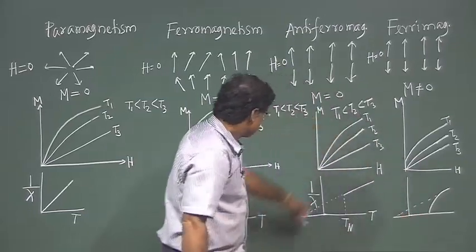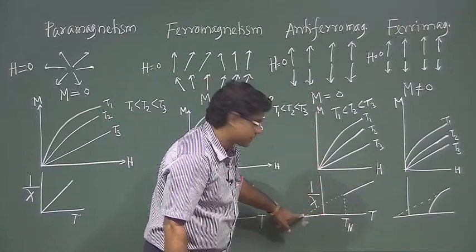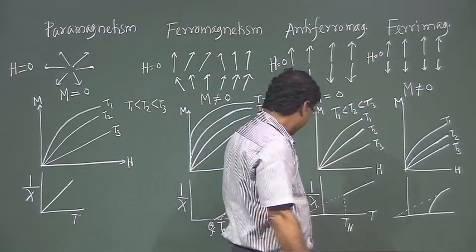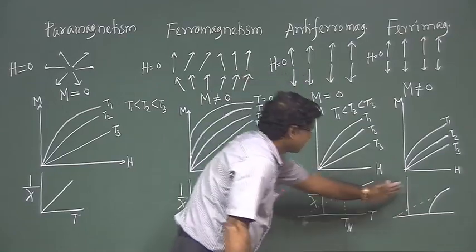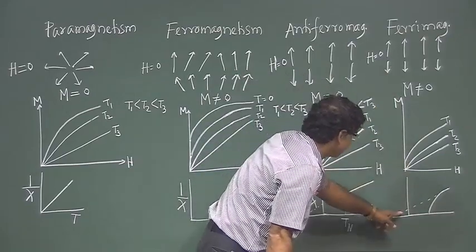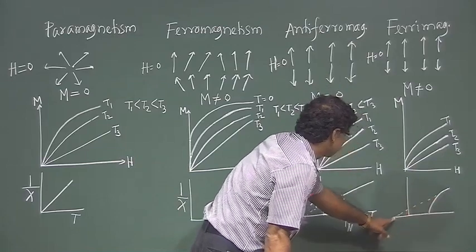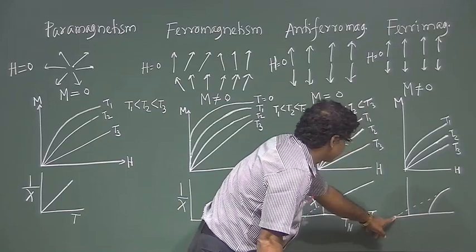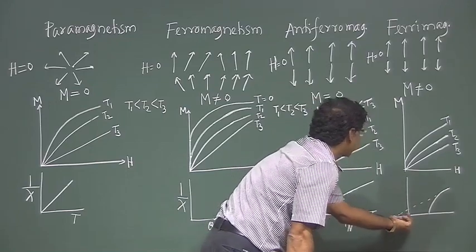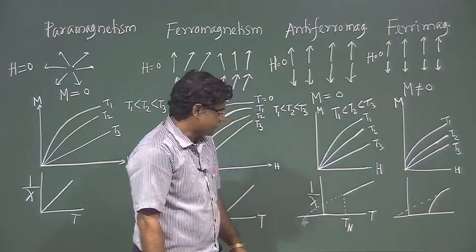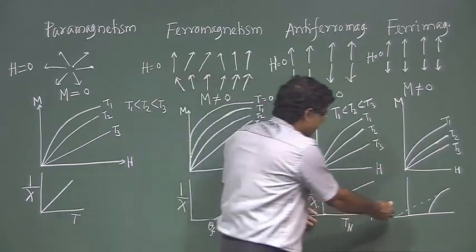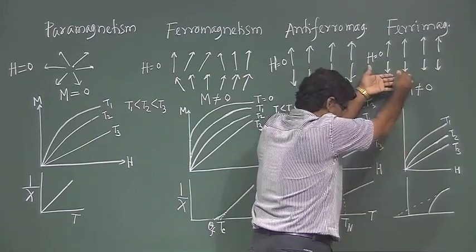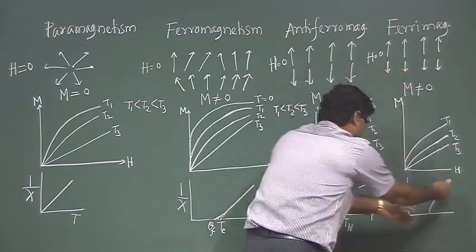Okay. So, in antiferromagnetic it cuts at negative, but at higher angle, and for ferrimagnetic it cuts at negative asymptote, but at smaller temperature. Okay. So, this is the feature of antiferromagnetic arrangement in ferrimagnetic material.